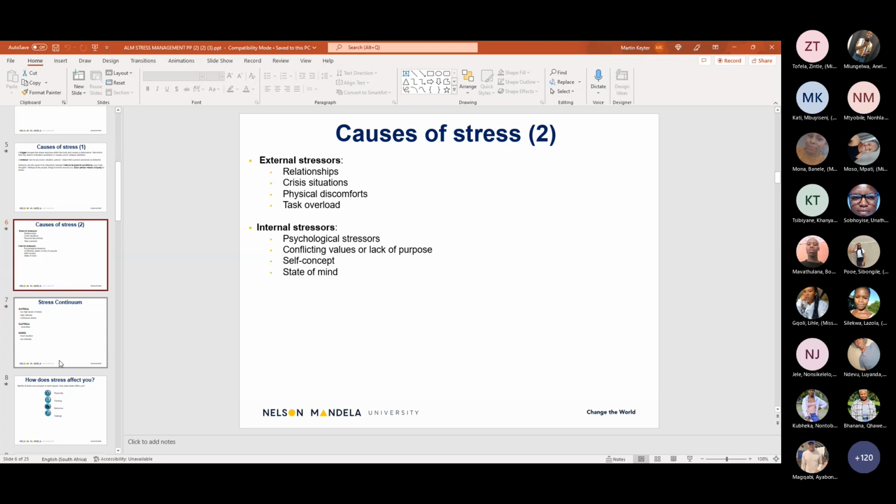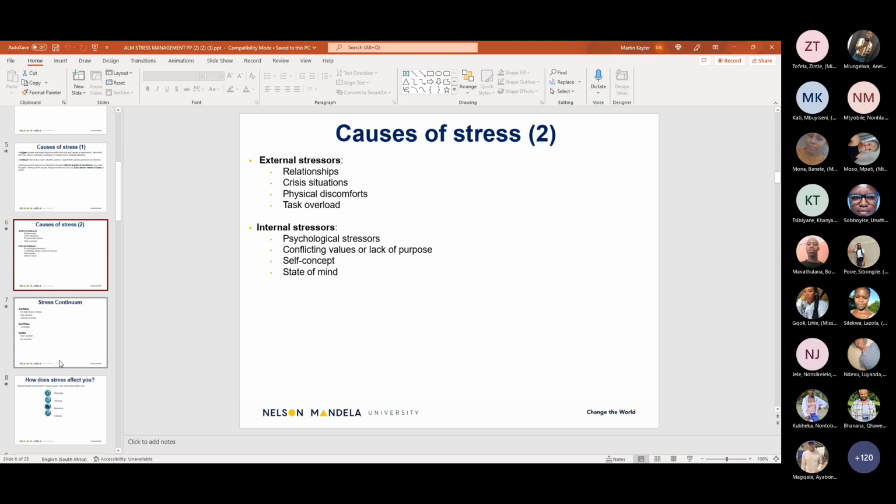So these components, most of the time, you do not necessarily have control over. You cannot avoid experiencing and managing them.